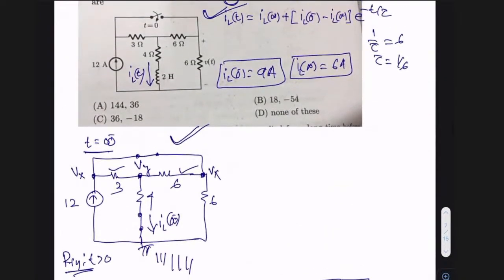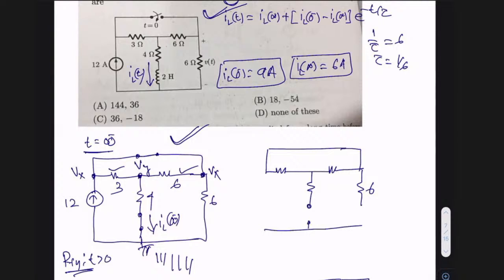So this same circuit, the switch is closed. This is 3, this is 6, this is 6, okay? This is your 4. The inductor is open circuit because from the inductor terminal you have to see.